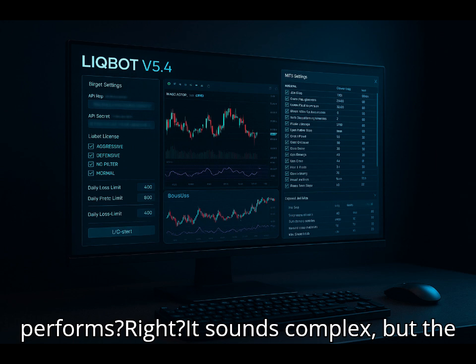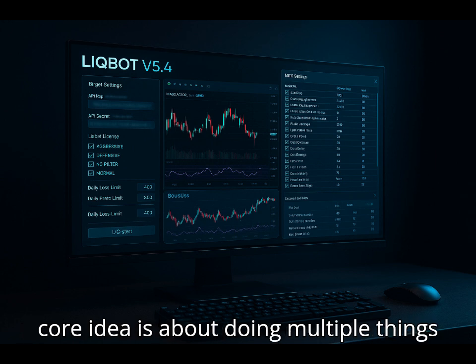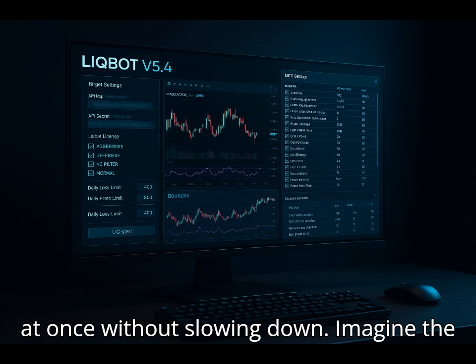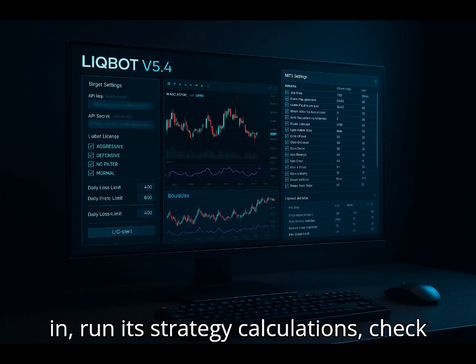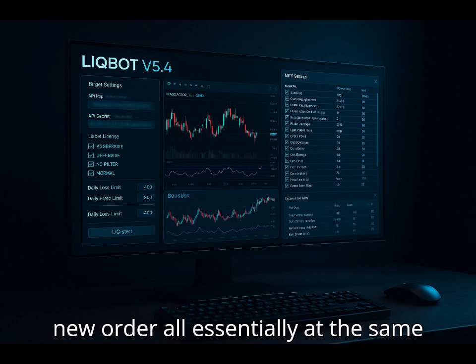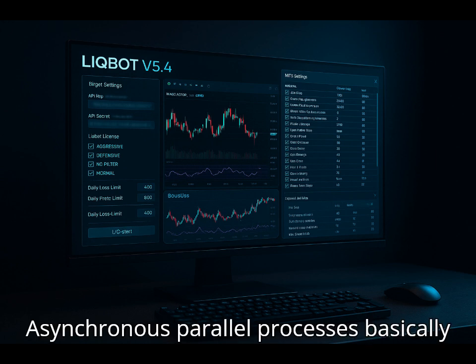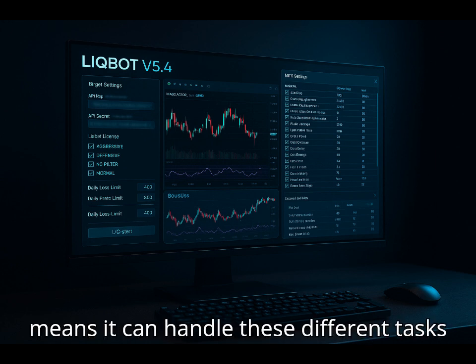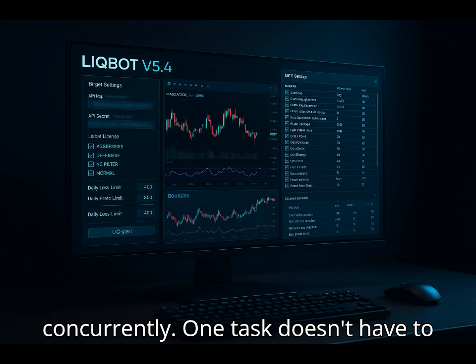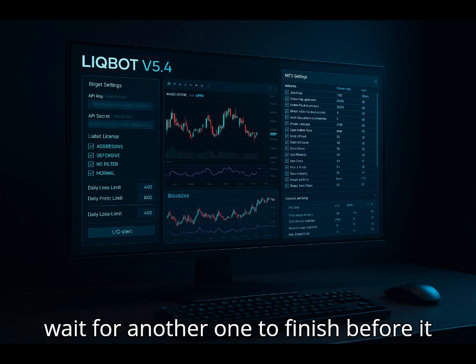It sounds complex, but the core idea is about doing multiple things at once without slowing down. Imagine the bot needs to watch the market data coming in, run its strategy calculations, check on its open positions, and maybe place a new order, all essentially at the same time. A lot to juggle. Exactly. Asynchronous parallel processes basically means it can handle these different tasks concurrently. One task doesn't have to wait for another one to finish before it can start.